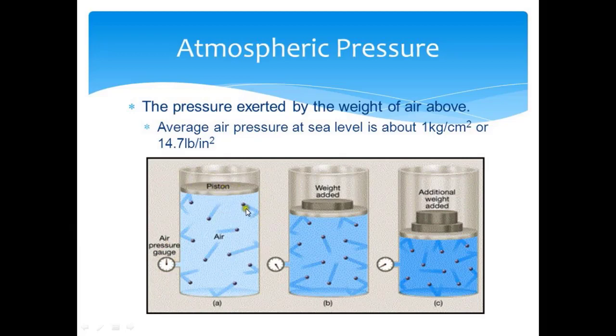Now the air particles here are far away from each other. In the next diagram, weight is added, the piston goes down and increases the pressure here. So the particles come a little closer to each other.